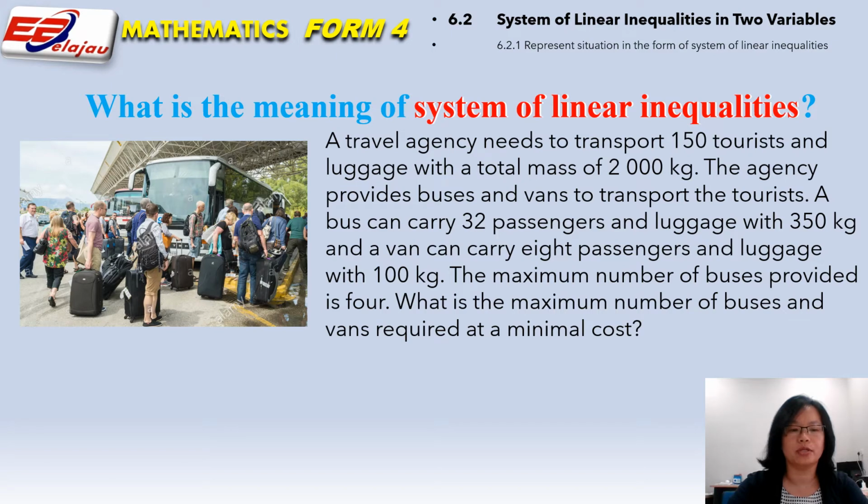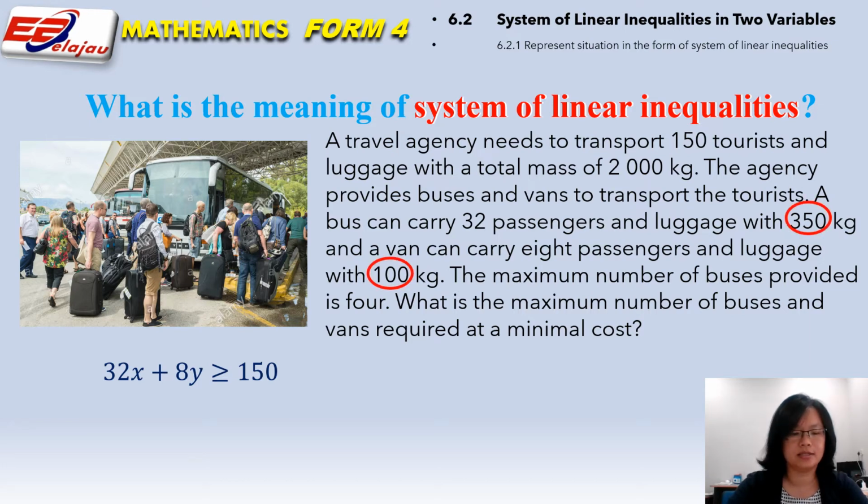From the given information, it has related two variables that are bus, which can be represented by variable x, and van can be represented by variable y. Next, we are able to form more than one linear inequality, such as the total number of passengers carried by bus and van as the sum of 32x and 8y is not less than 150 packs.